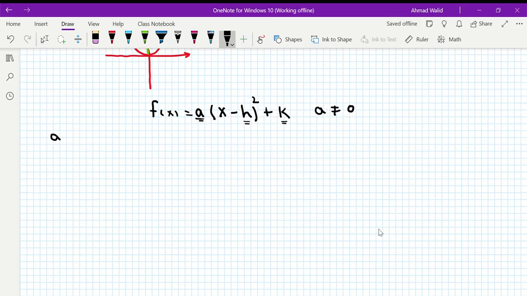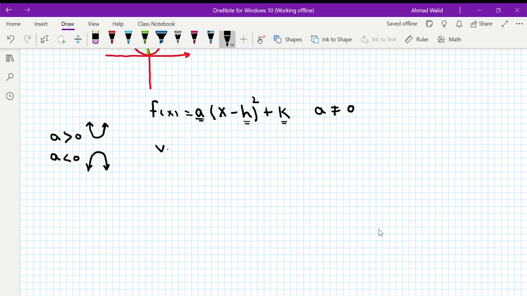A tells you if the graph opens upward or downward. If a is greater than 0, your graph always opens upward. If a is less than 0, your graph always opens what? Downward.